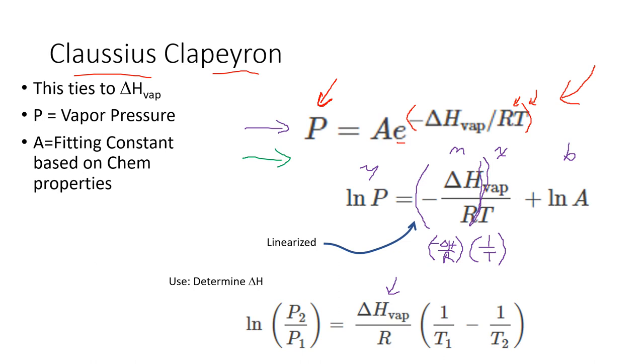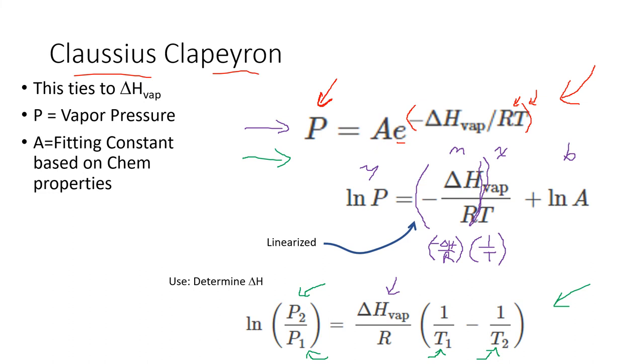Just write the same thing underneath it. So you've got P2 over P1, and then take those natural logs, and you end up with this form right here. I can measure that temperature, and that temperature, or determine them in my experiment, and I can measure the pressures that happen.